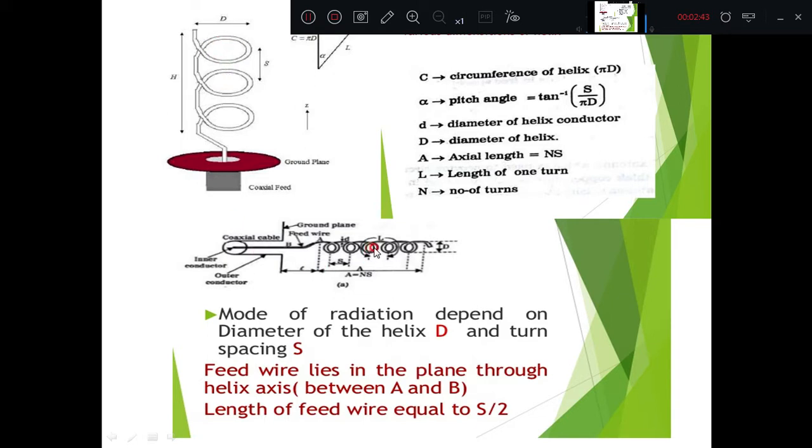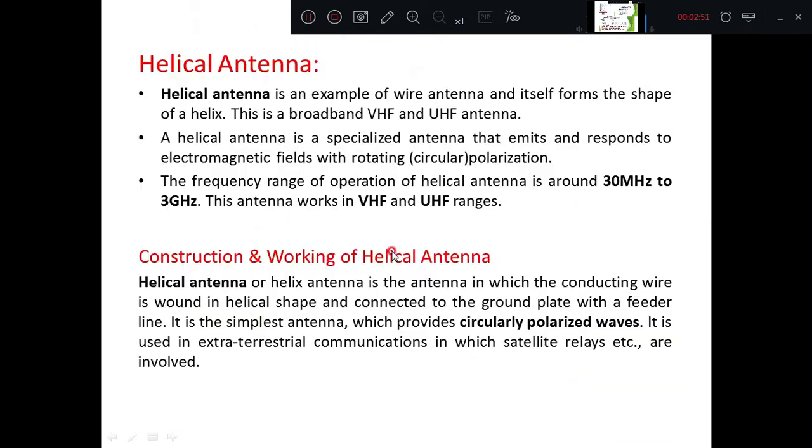Here you can see the structure of the helical antenna, how it looks. The helical antenna, or we can also call it the helix antenna, is the antenna in which the conducting wire is wound in a helical shape and is connected to the ground plate.